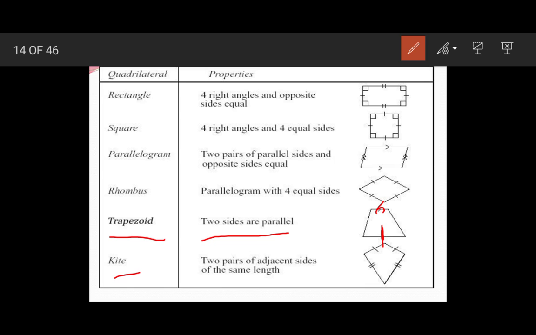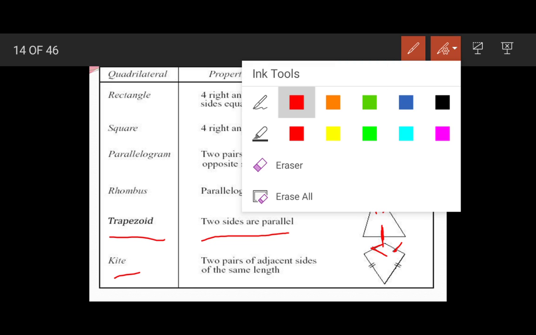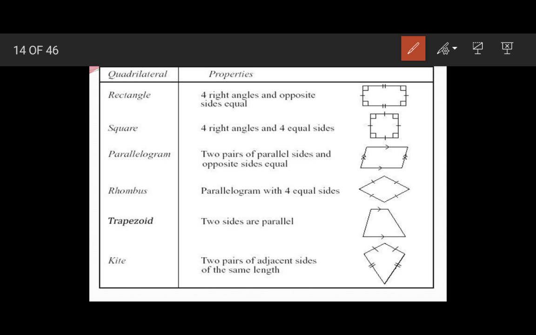Then kite. In kite, two pairs of adjacent sides are of the same length. See, adjacent sides are of same length. So these are the quadrilaterals: rectangle, square, parallelogram, rhombus, trapezoid and kite.